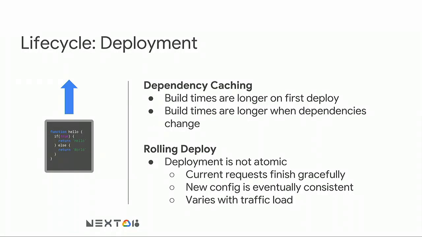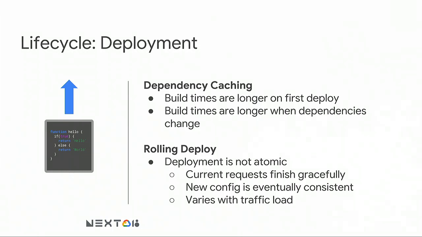Just reiterating, at the point we build this dependency resolution, we have some caching mechanisms there. If you depend on a particular version of a particular module or library, and we can reliably identify that we've seen that before, we'll pull it from cache. And then the rolling deploy, again, it's not atomic.